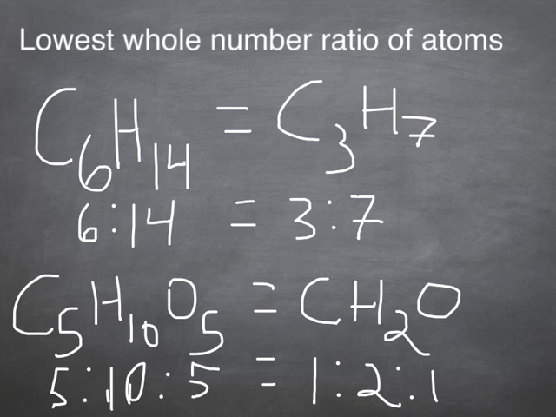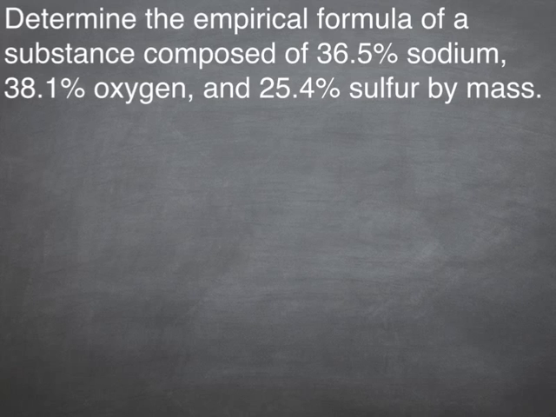But now what we're going to look at is how to solve a problem using empirical formulas. The question is: determine the empirical formula of a substance composed of 36.5% sodium, 38.1% oxygen, and 25.4% sulfur by mass. There are several steps to this, about 4 steps.